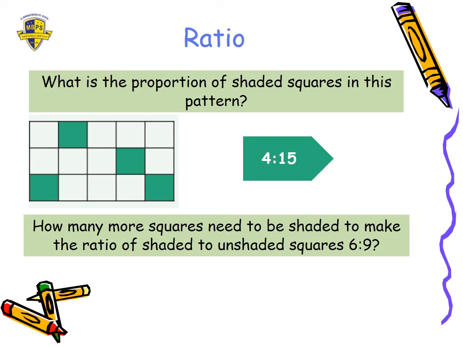Excellent. Now the second question. How many more squares need to be shaded to make the ratio of shaded to unshaded 6 to 9? Now, forget this question and tell me, what is the ratio of shaded to unshaded?